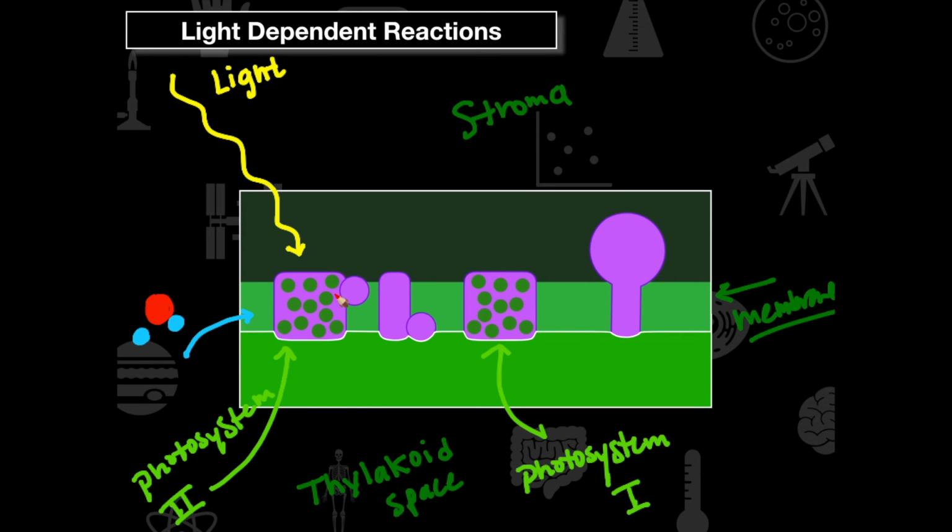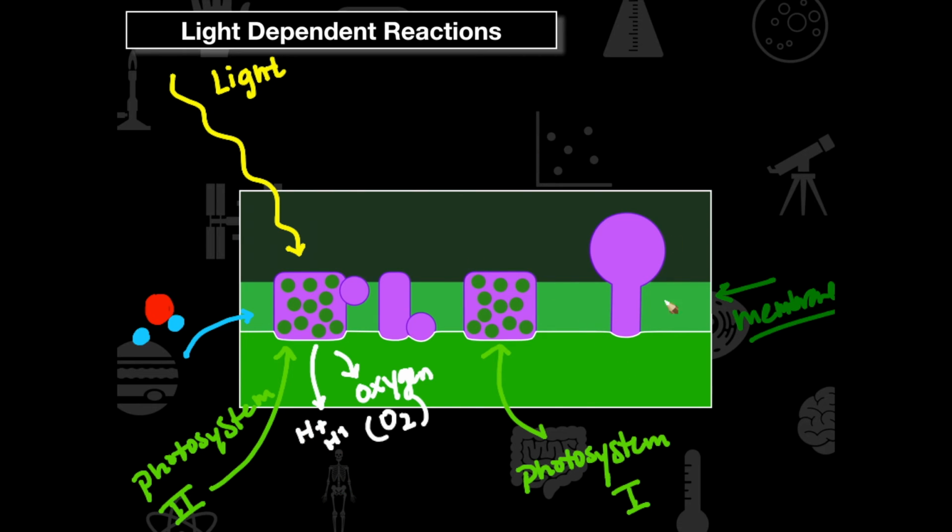And what the light's going to do is split this water molecule apart, and what we're going to get is oxygen gas, or O2, and we're also going to get hydrogen ions that are going to be pumped over here.